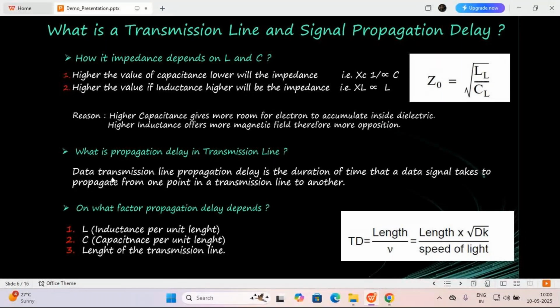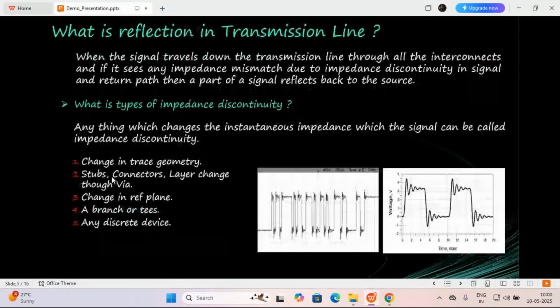Next, what is reflection in a transmission line? Reflection is a problem which is very common in all high density interconnect boards, and it is also present in low density boards, because it is related to termination.